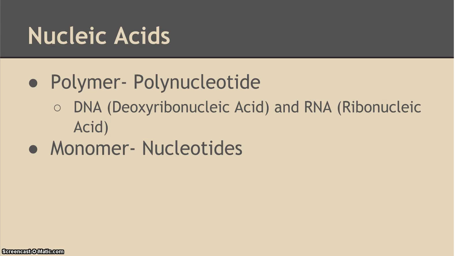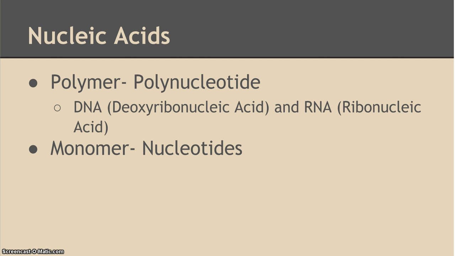So now let's talk about nucleic acids. Nucleic acids are exactly what you know them to be, their DNA and RNA. But the polymer is called a polynucleotide, and that would be because a monomer is a nucleotide. So remember that word, that prefix poly means many, so we're going to put many nucleotides together.